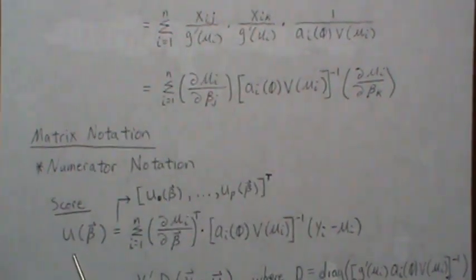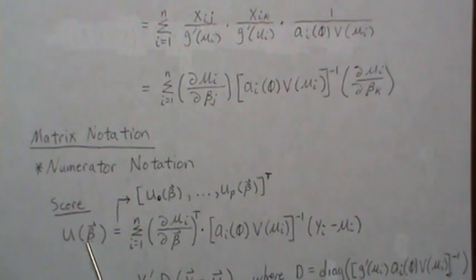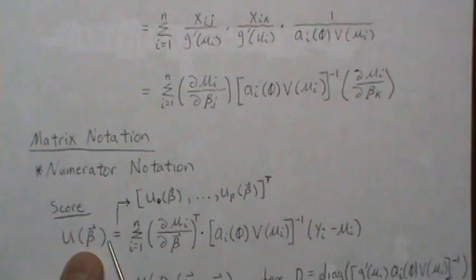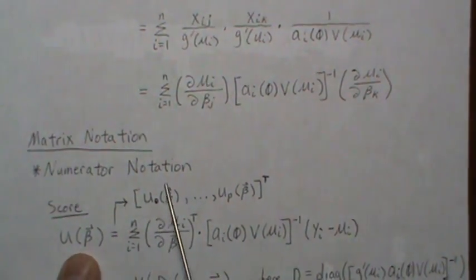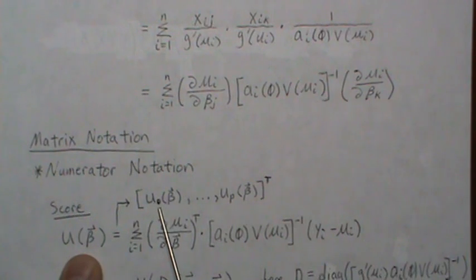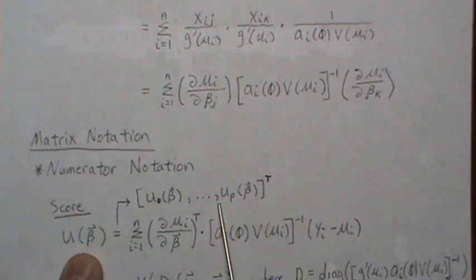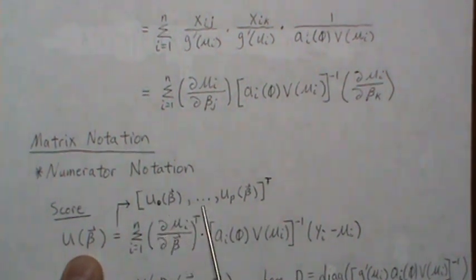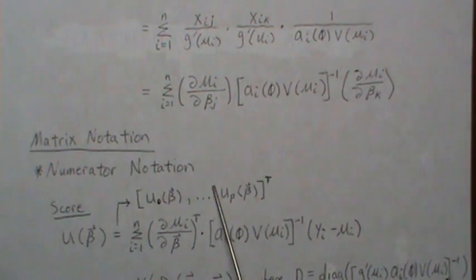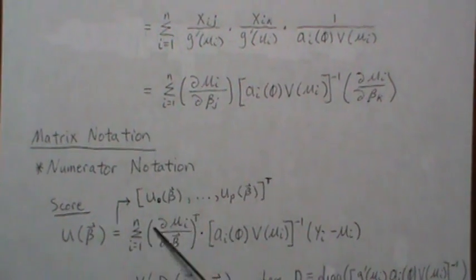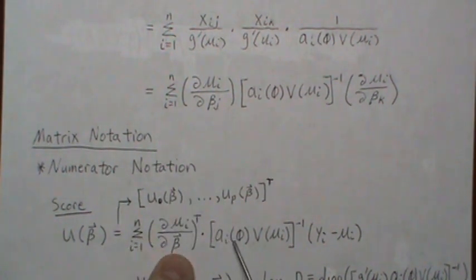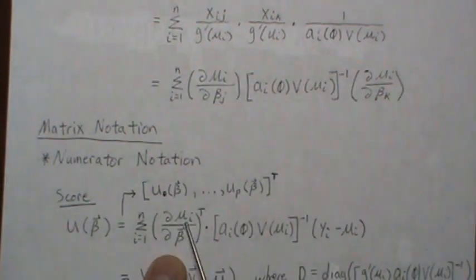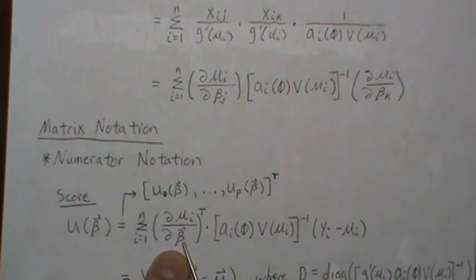So here's the score function, and remember that the score is a vector of all the partial derivatives. So this is a vector, and you can think of it as the score of beta 0 here, and then beta 1, beta 2, up to the partial with respect to beta p. Since this is a row vector, I put a transpose because I like it in terms of column vectors. Now this right here is this. Notice that this is a scalar and this is a vector.